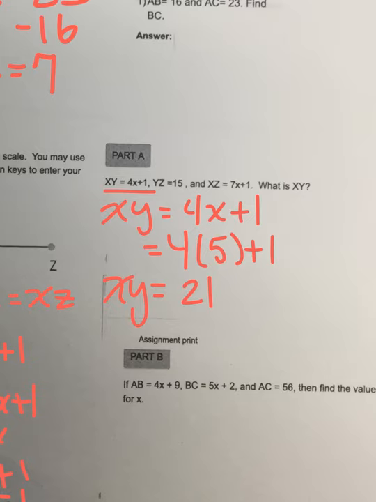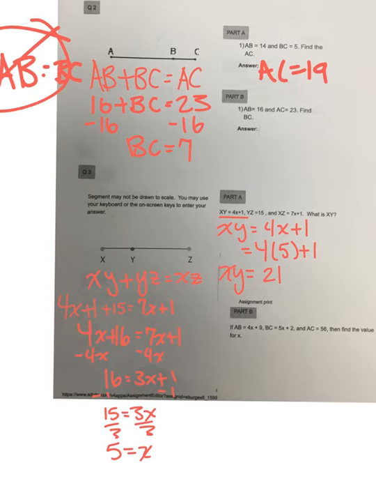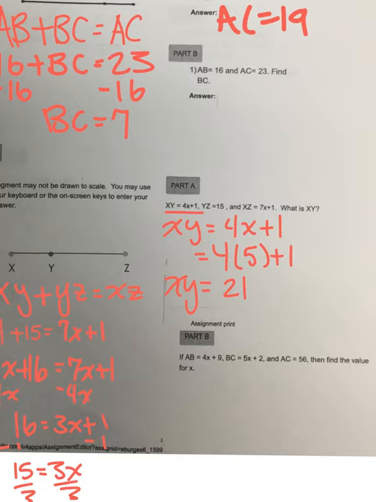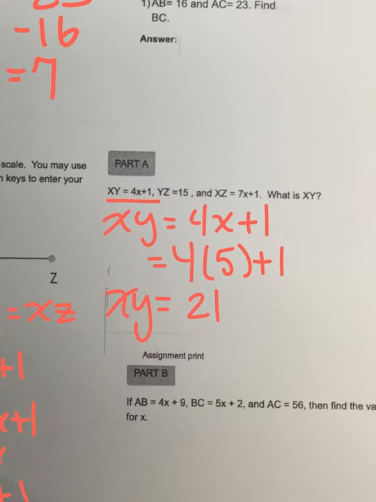So to get full credit, you had to first write your XY plus YZ equals XZ, find x, and then substitute your x back in to find XY. Questions? Good? Okay.